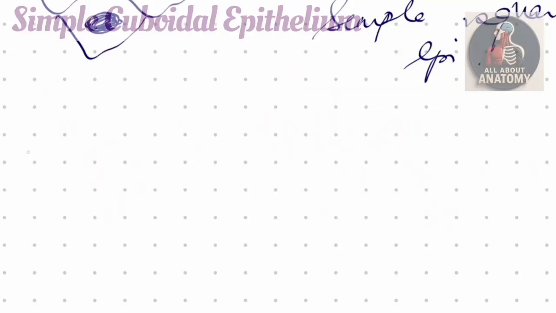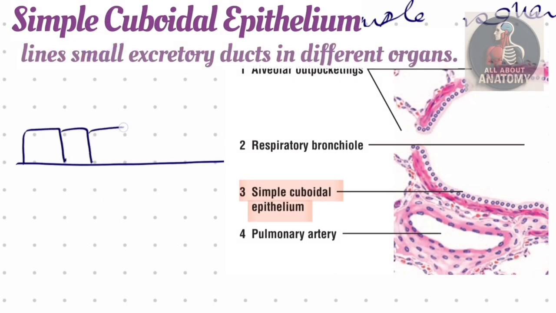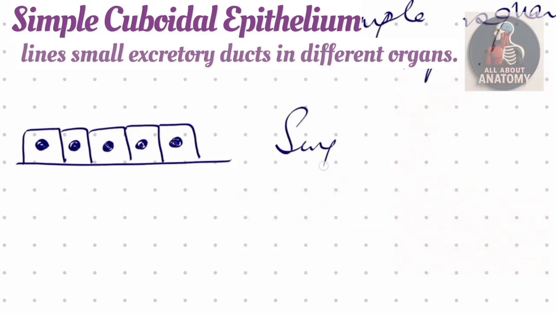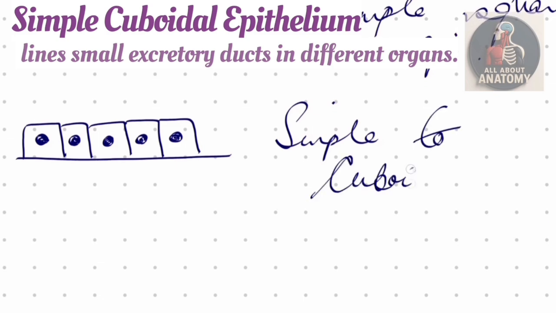Again, when the cells are cuboidal and they are standing on the basement membrane in a single layer, here we find that the nuclei are present at the middle, roundish, and this is called the simple cuboidal epithelium.